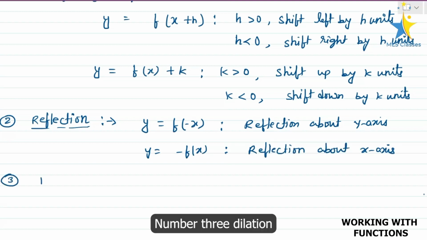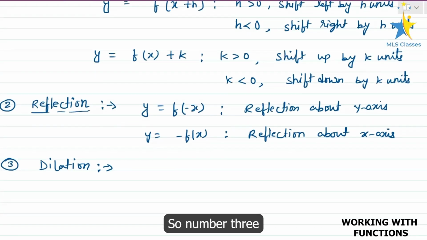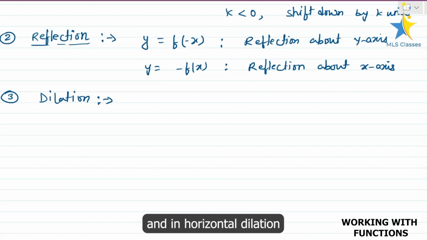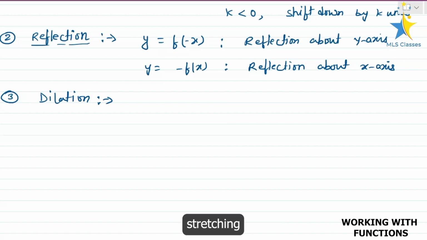Number 3, dilation. Both types of dilation will be there, vertical dilation or horizontal dilation. In vertical dilation, it will come as either stretching or compression, and in horizontal dilation also stretching and compression.